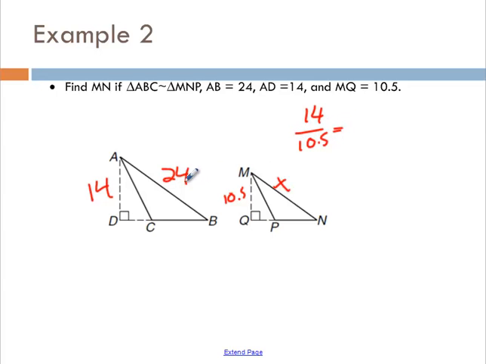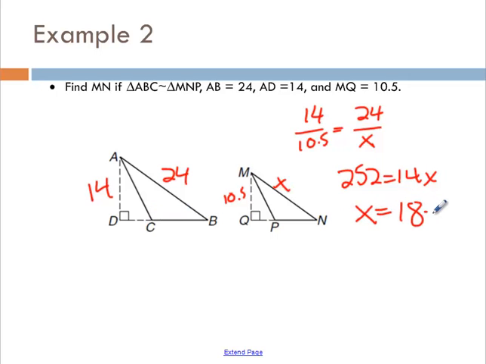I'm going to set that equal to this ratio of the two sides. When I do that, I multiply 10.5 by 24. I get 252 equals 14x. Then I'm going to divide that by 14, and I get x is 18. And 18 is also MN.